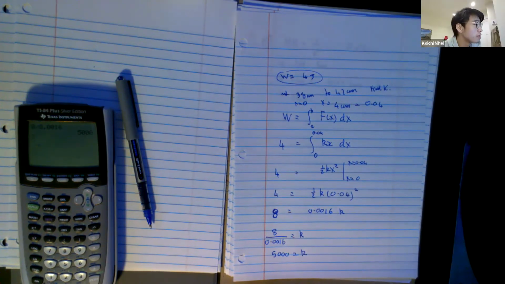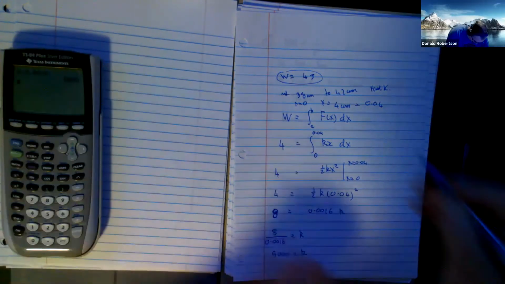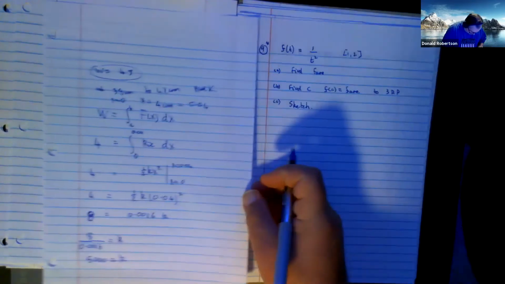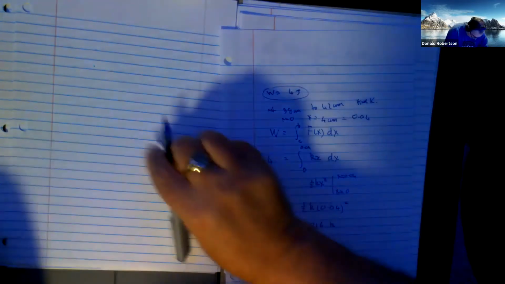Professor, actually, for getting the K value, it says natural length of 34 centimeters to 47. Oh, well, 34 to 47. So I have to change my limits of integration. So if that's going to be 34 and that's now going to be 47, it keeps changing the thing. So it's going to be 0 to 0.13, right? 13 now.